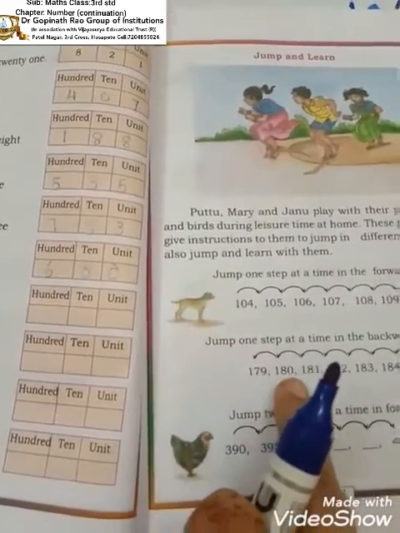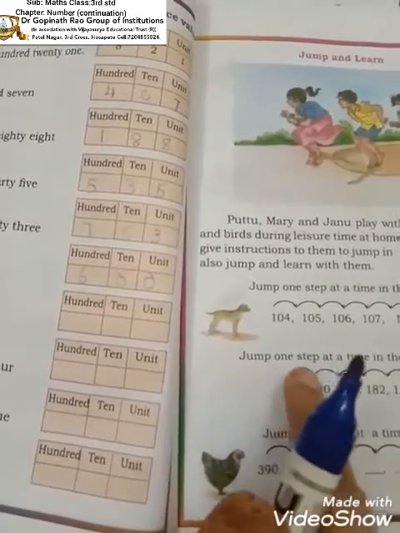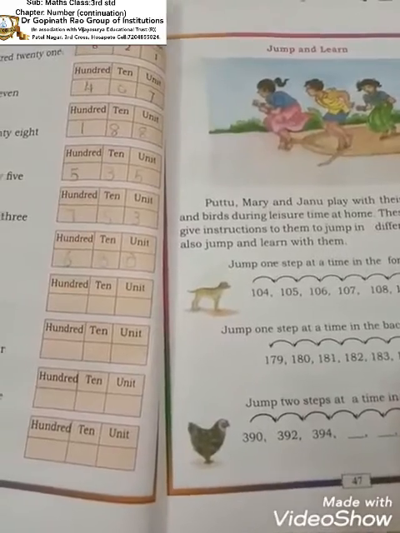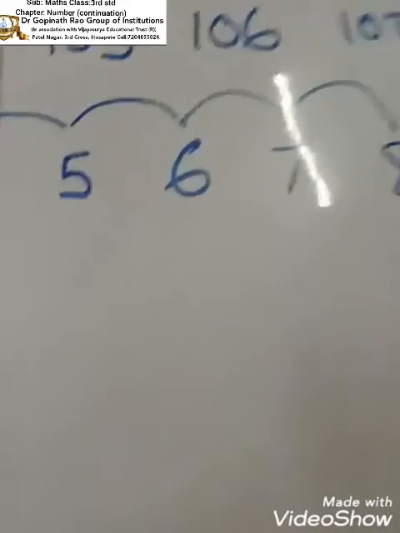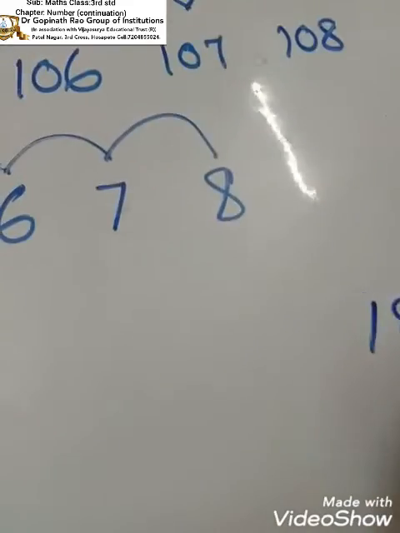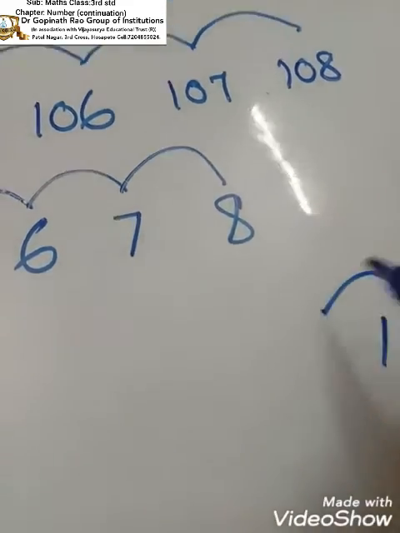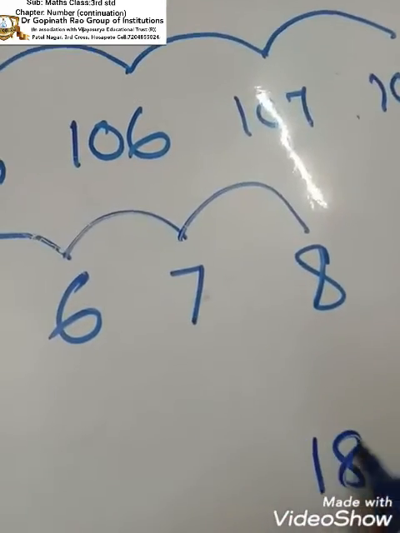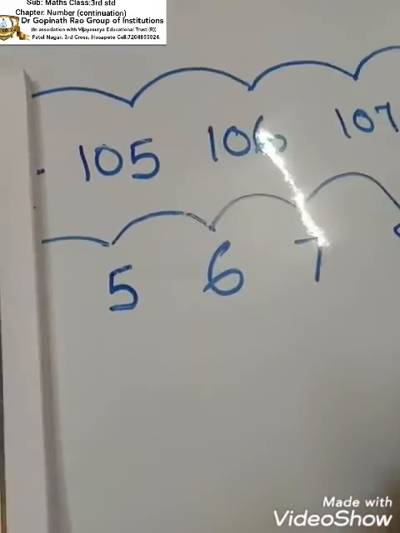Now, next what are they telling? Jump one step at a time in a backward direction. They are asking to jump in the backward direction. So here is the last number, 185. Backward direction means the previous number. 185's back number is 184.